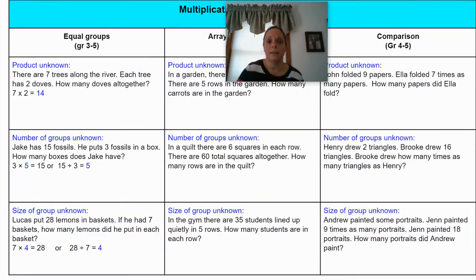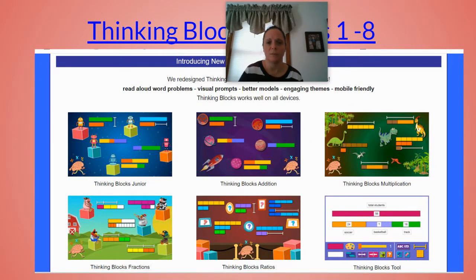And then here are the multiplicative ones. So there are 3 types, and then there are 3 places we can solve for, again, answers, products or quotients, and then group size, or the size of the group, or number of groups, I'm sorry.